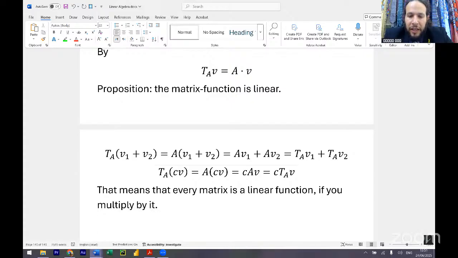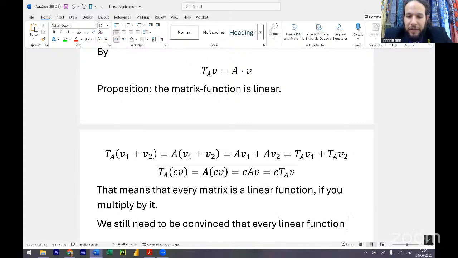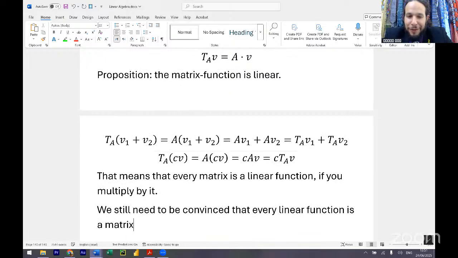Right? And we still need to be convinced that every linear function is a matrix function, which means they are the same. Every matrix is a function, and every function is a matrix.